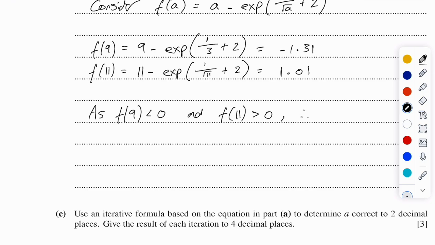So we say therefore 9 to 11, and A is lying in between these.